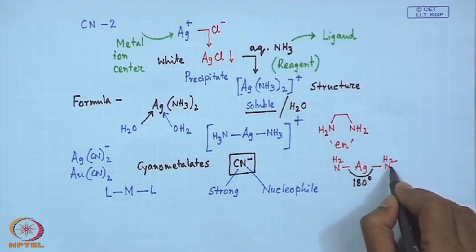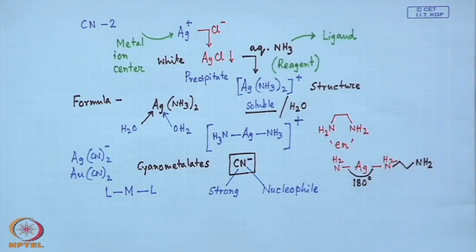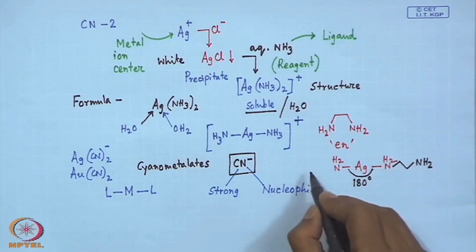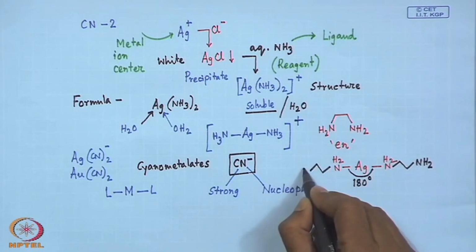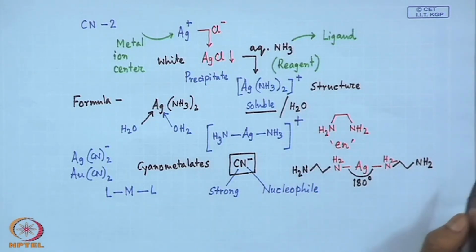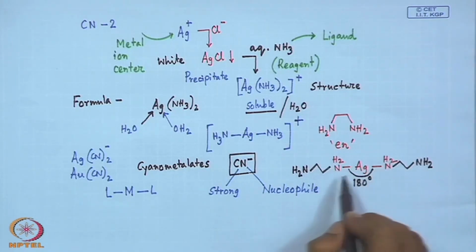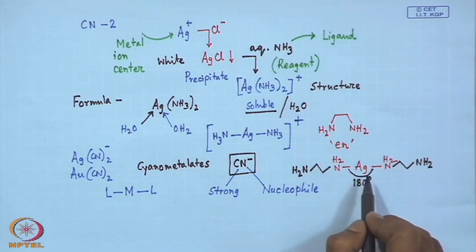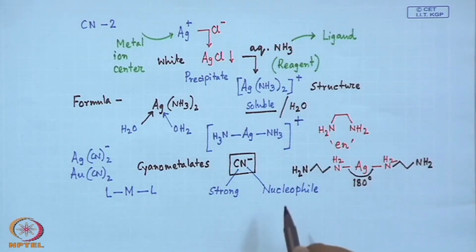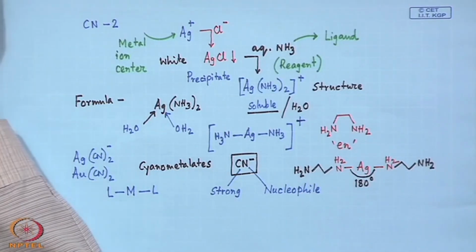What we find is only monodentate coordination of ethylene diamine from one side and another from the other side, giving rise to a different type of species. Only monodentate ligation is permissible to the silver center, or with gold 1, it will also interact from one point of attachment only.